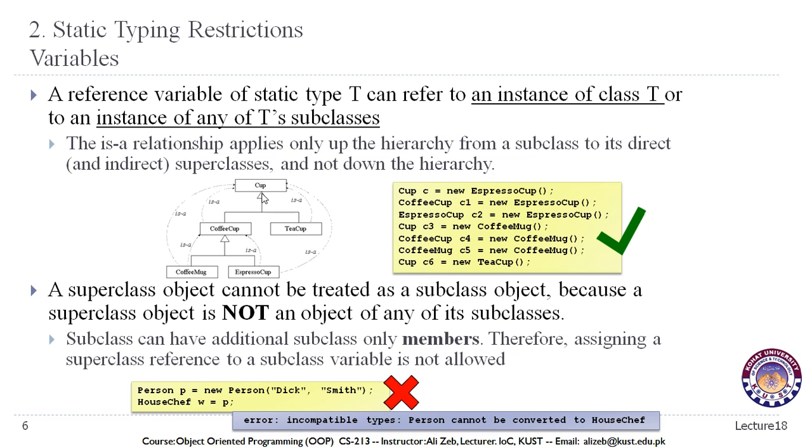We talked about the compatibility of objects in detail when we were discussing the instanceof operator. So we can see that if we try to assign an object of the superclass to an object of the subclass, we will get a compilation error.